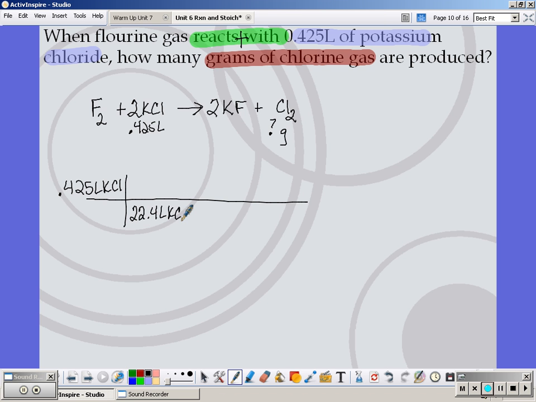And then I use my mole ratio to go from potassium chloride to chlorine. Coefficients 1 and 2. Now I want grams of chlorine, so now I'm going to go from moles of chlorine to grams of chlorine. Now it's Cl2, so 35 and 35 make 71 because it's 35.5. And then I would multiply and divide. I need 3 significant figures, so I get 0.674 grams of Cl2.